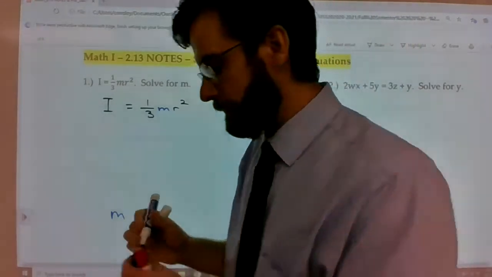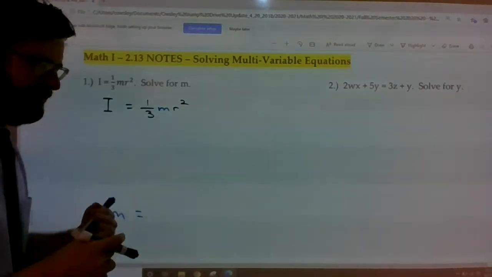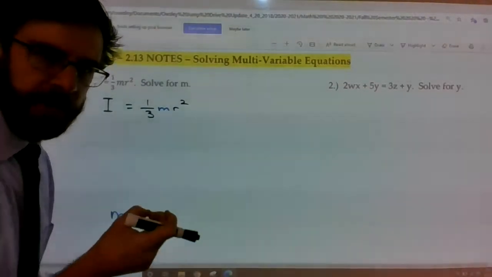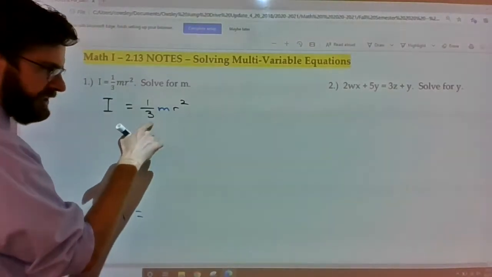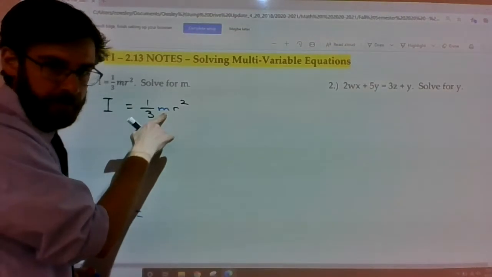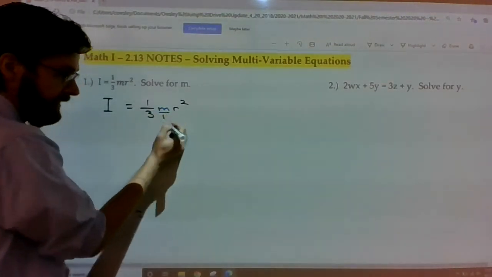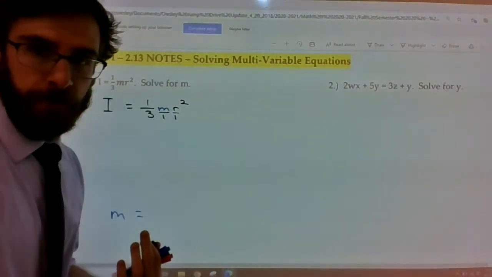So here's what you do. First of all, treat the variables as if they're kind of like numbers, because variables are just unknown numbers. So if I see a fraction times a whole number, or a variable, I can put that whole variable over 1. Same thing with the r squared, and then do the rules of fractions for multiplication.